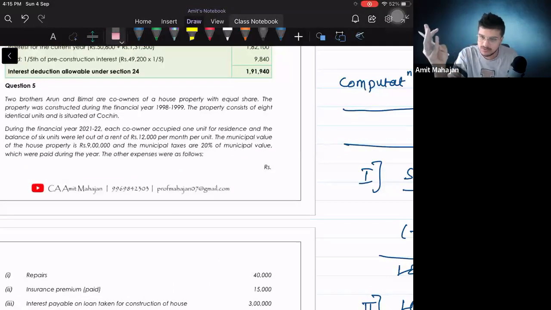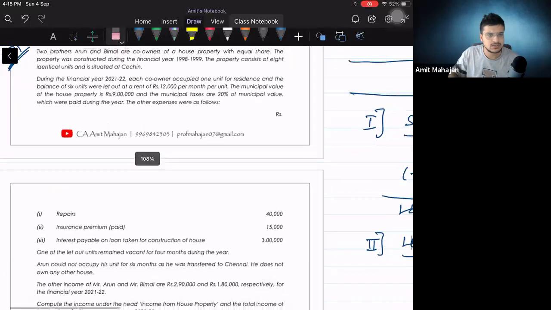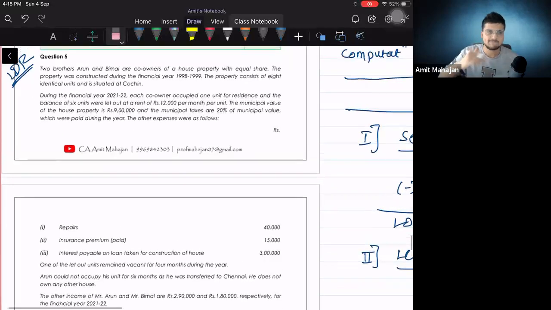MFS means municipal value, fair rent and standard rent. Is there anything which is given out of MFS? Have a look once. There's only one thing which is given, municipal value. So can I say my expected rent will be municipal value? Right? Sure? Okay.